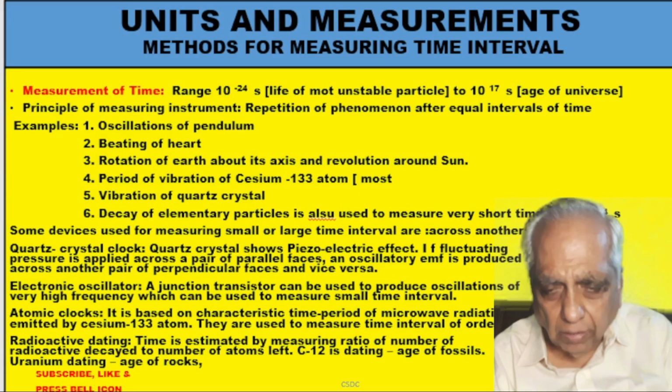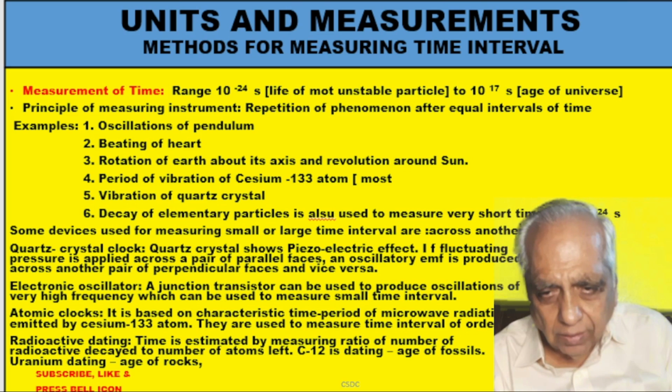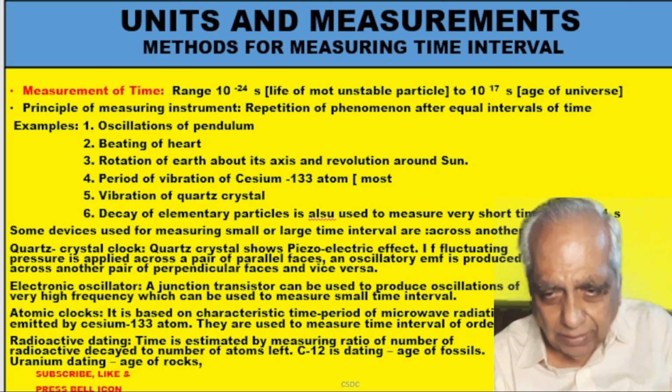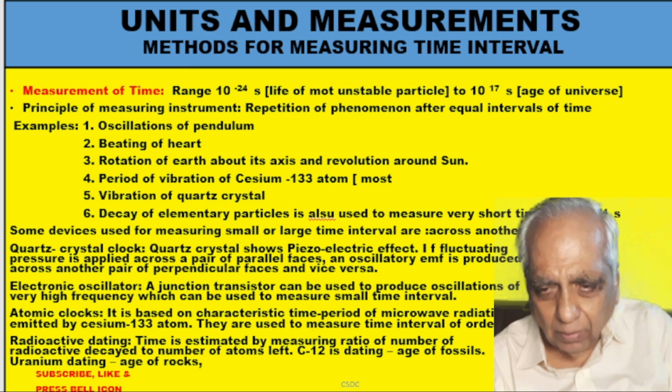Now I will explain how time intervals are measured. Here also the range of time interval is quite large. Sometimes the time is very, very small, of the order of 10 raised to minus 20, 10 raised to minus 24 seconds. This time is normally for unstable particles, unstable isotopes.